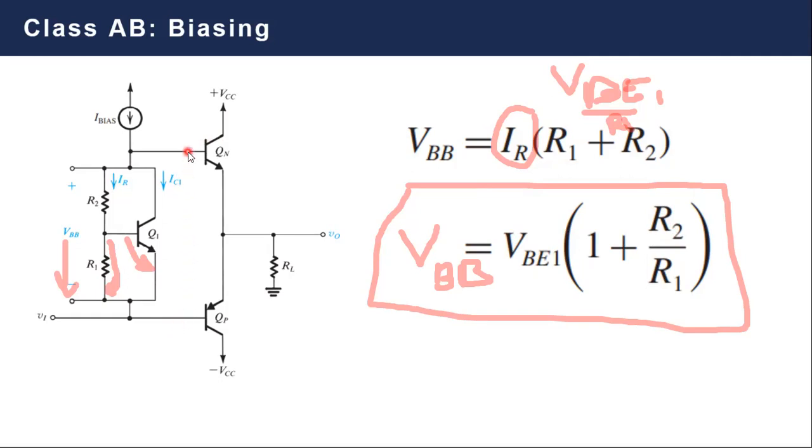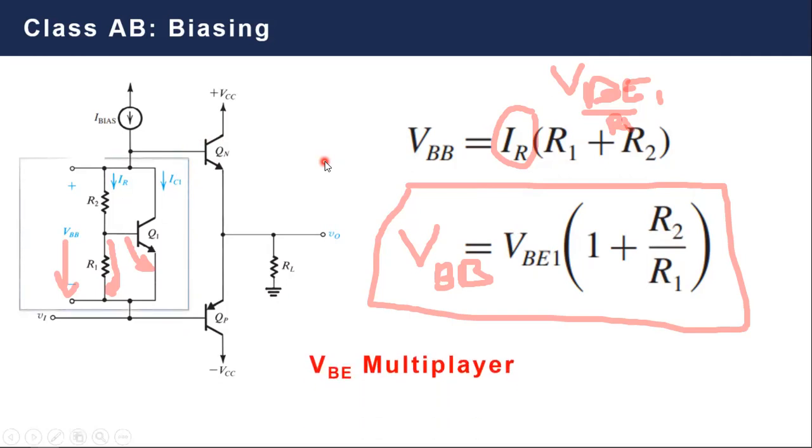Then you can control the base-to-base voltage. That's why we call this a VBE multiplier. Simply, you multiply VBE by a factor, which is 1 plus R2 over R1, and you have the opportunity to select the appropriate factor to multiply VBE. That's the advantage of using this circuit with a transistor, two resistances, and a current source.